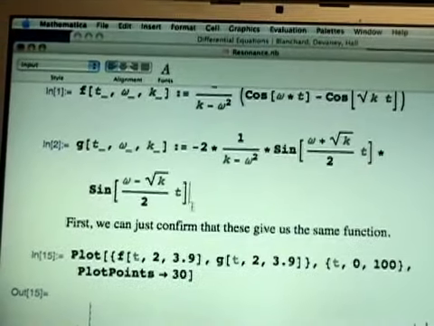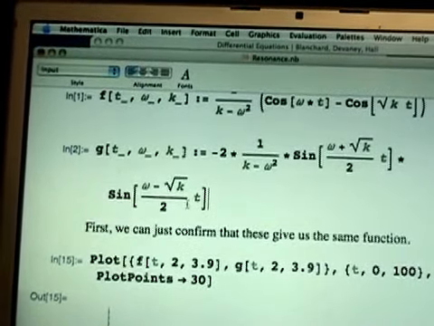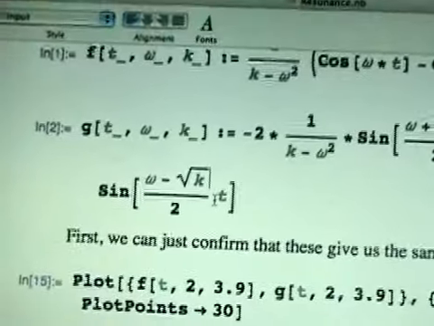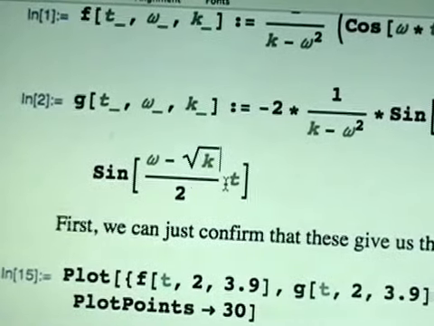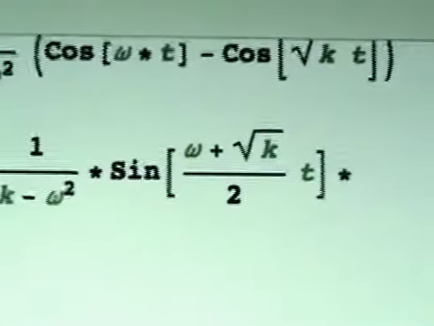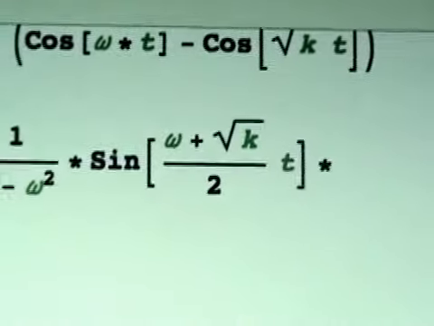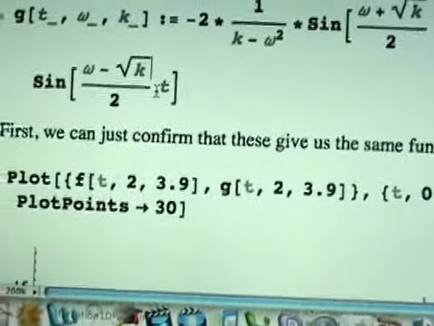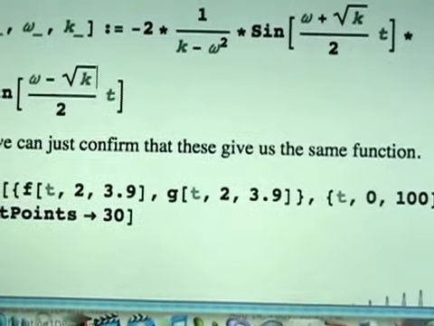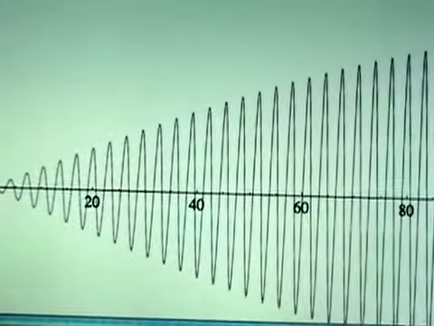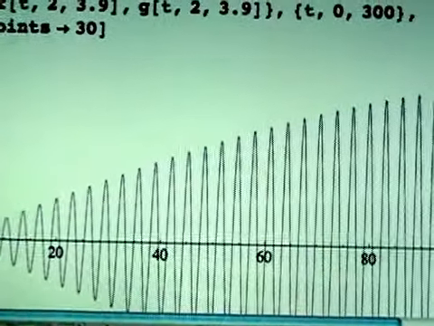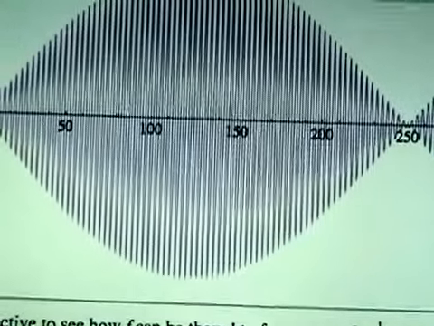The frequency of that one again being the absolute value of ω minus the square root of k, divided by 4π after you divide that by 2π. And the fast frequency being ω plus the square root of k over 4π after you divide that by 2π. So once again, when ω is close to the square root of k, you get this beating phenomenon of fast oscillation sort of enveloped in a slower oscillation, like this.